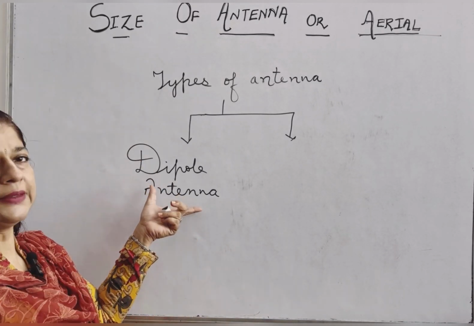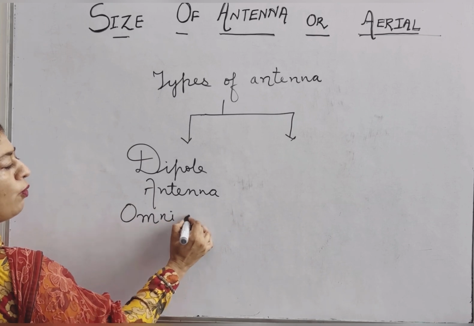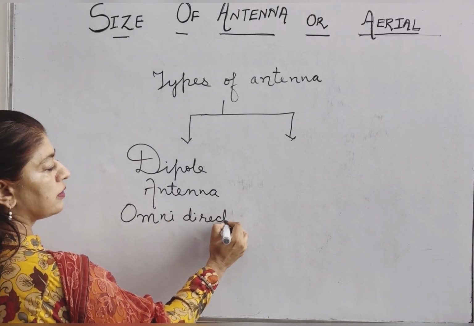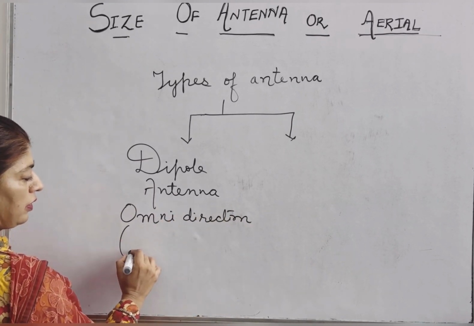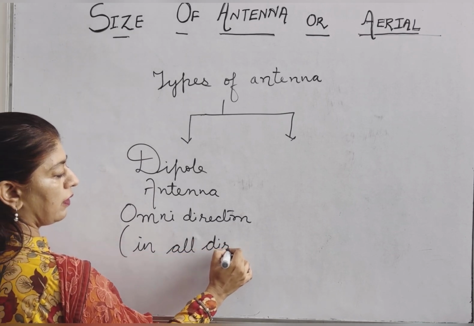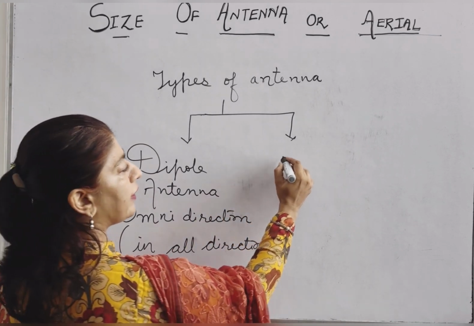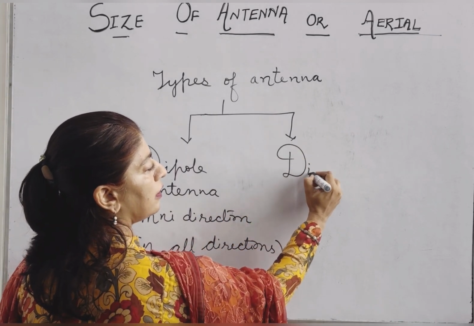These dipole antennas are omnidirectional, meaning in all directions. On the other hand, there are dish antennas.